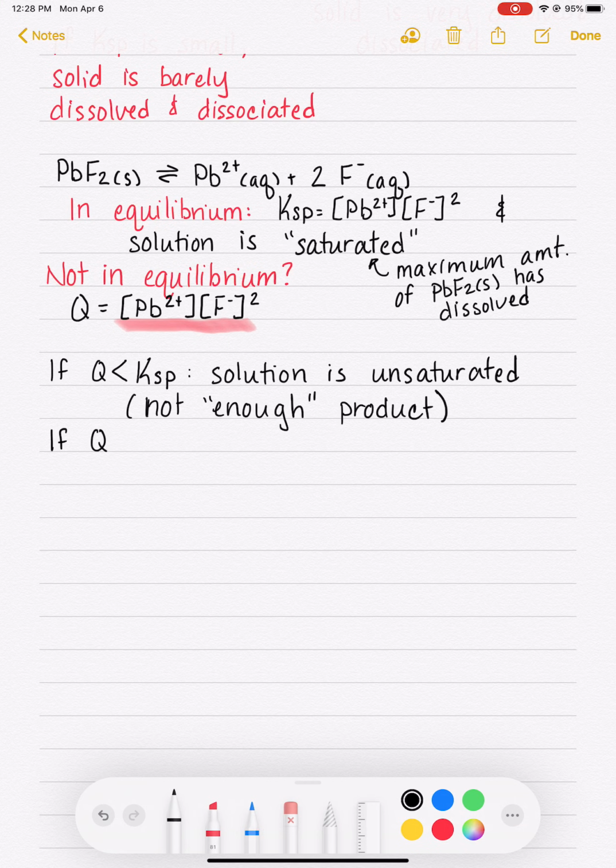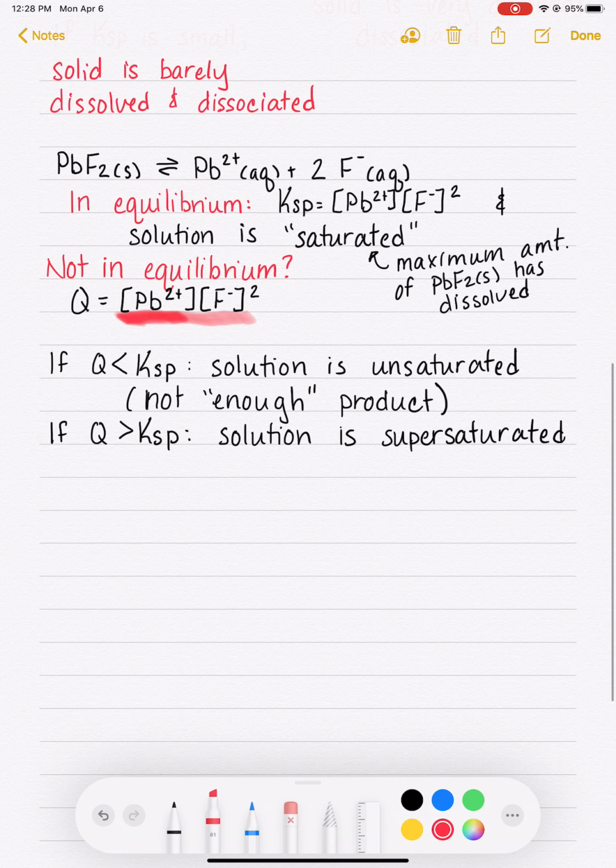If Q is greater than KSP, this is where we have a supersaturated solution. Supersaturated, we've talked about before, means that we have more than the maximum amount dissolved. So we've done something to trick this solution into having too high of a concentration of our ions.